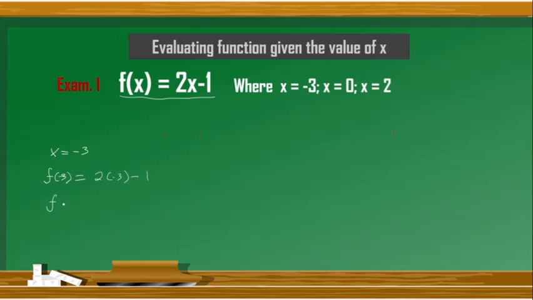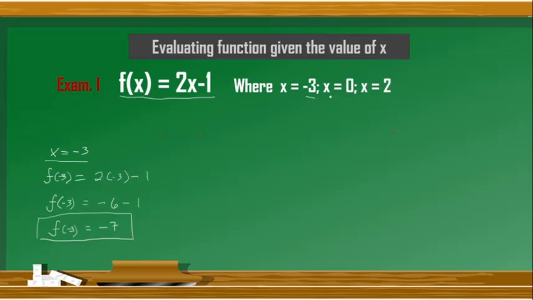So 2 times negative 3 is negative 6, minus 1. Then at x equals negative 3, the value of our function is negative 7. Okay.